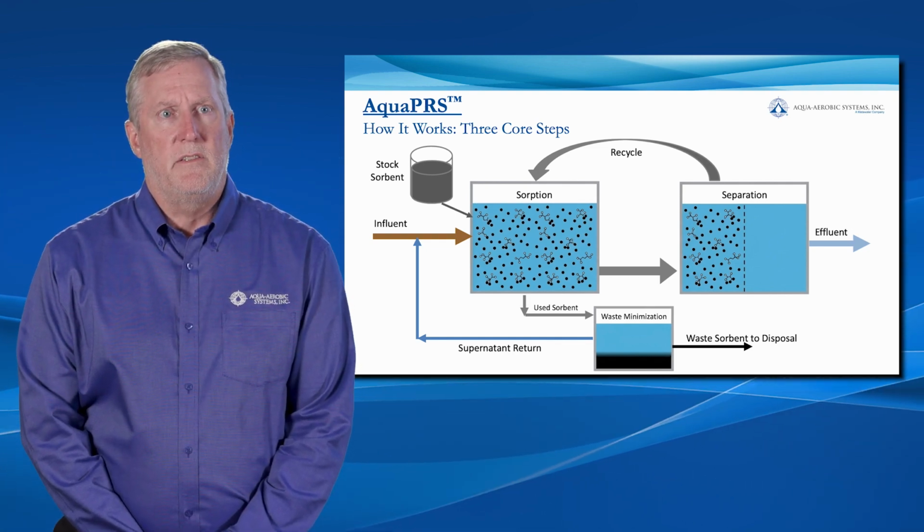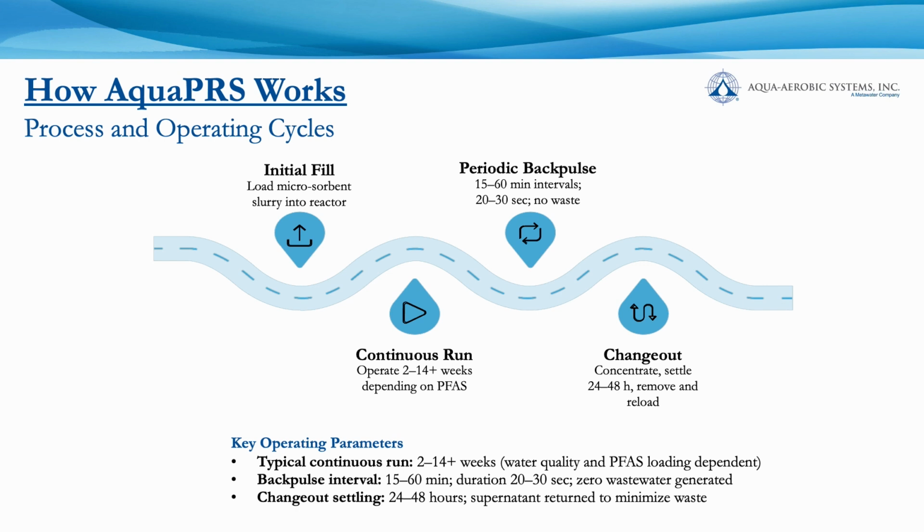Ultimately, you have the initial fill, then you have the running of the system, which may be 2 weeks to many months, up to 6, 7, 8 months before that absorbent has to be replaced. Then that change out occurs within the process. So very simple, no waste during the time frame. The only waste from the system is related to the change out in the process.